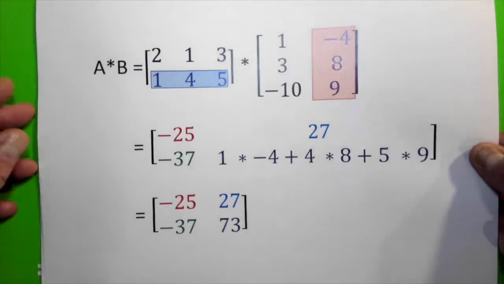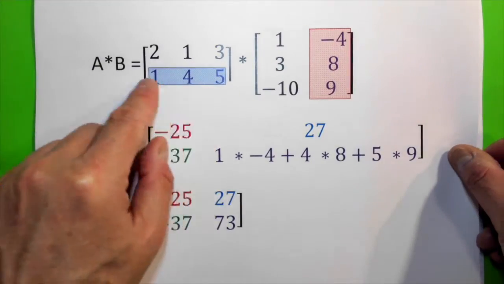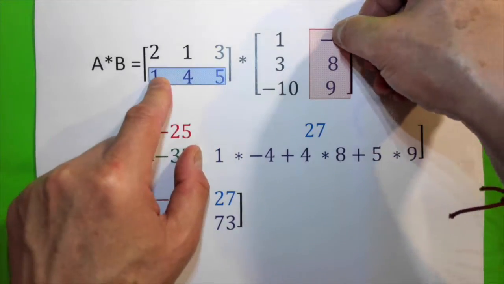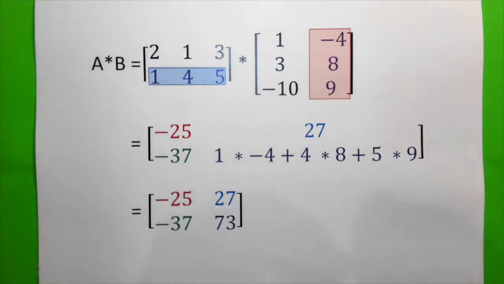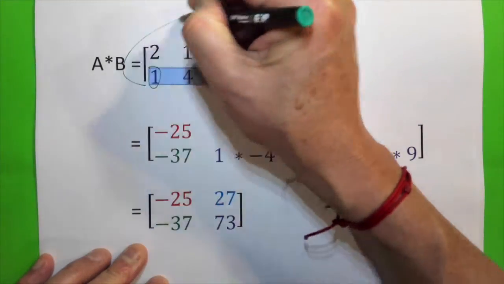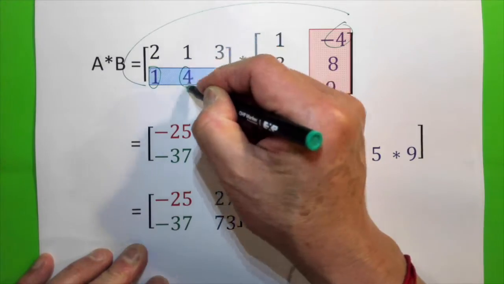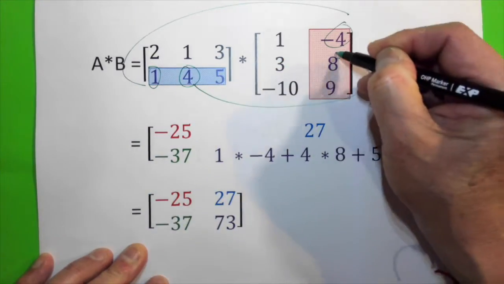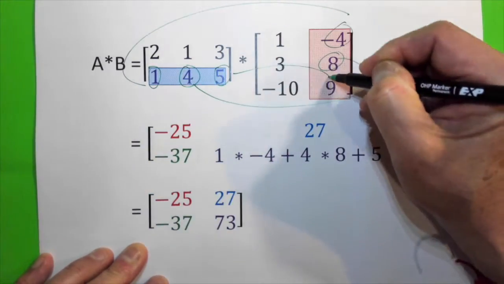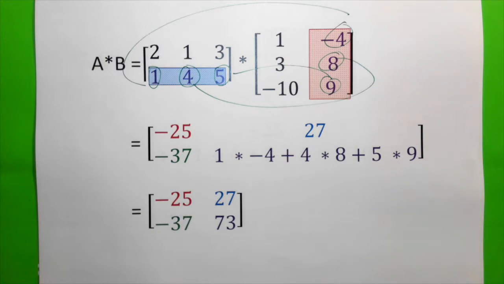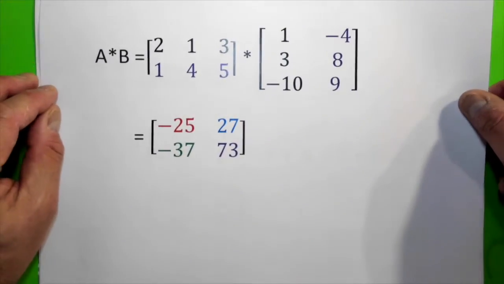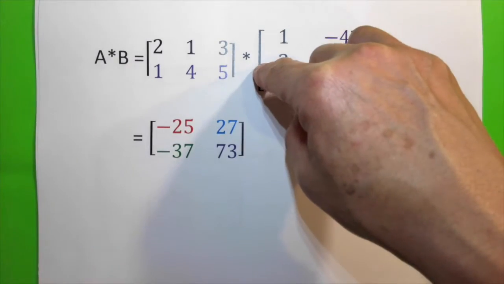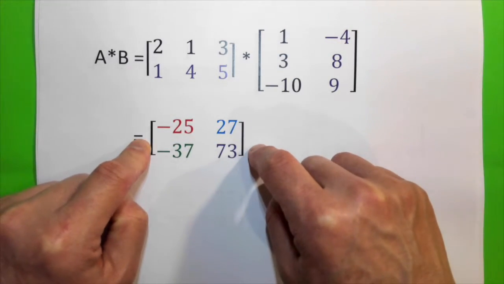Finally, looking at the second row and the second column, 1 multiplies by minus 4, 4 multiplies by 8, and 5 by 9. And that's it. We complete the new matrix. So, we can rewrite it in such a way. A times B, which is this matrix times that matrix, we get that.